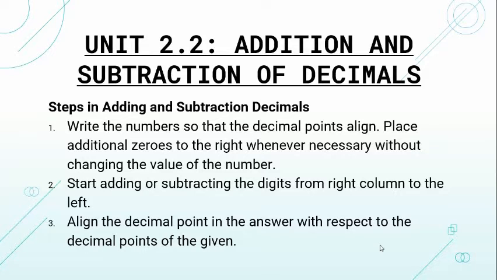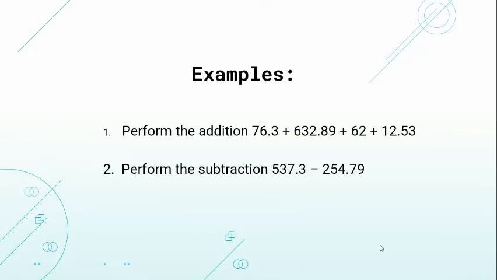Place additional zeros to the right whenever necessary without changing the value of the number. Take note of this. Second, start adding or subtracting the digits from the right column to the left. Third, align the decimal point in the answer with respect to the decimal points of the given. Let's proceed to those examples.